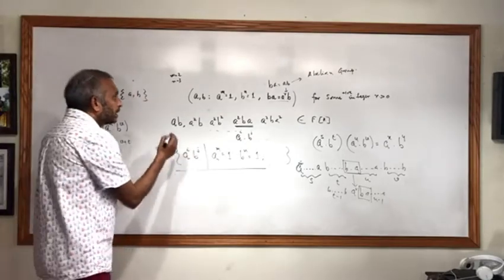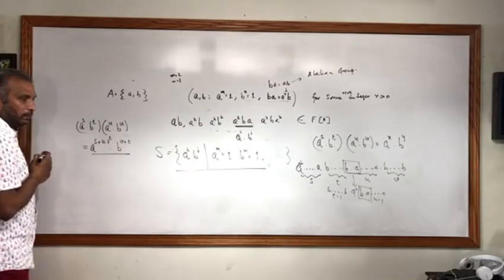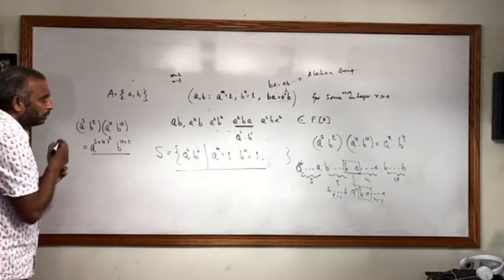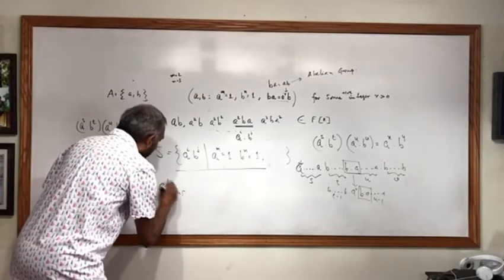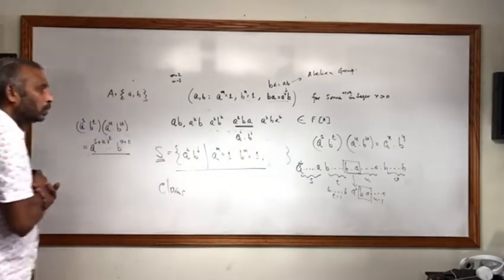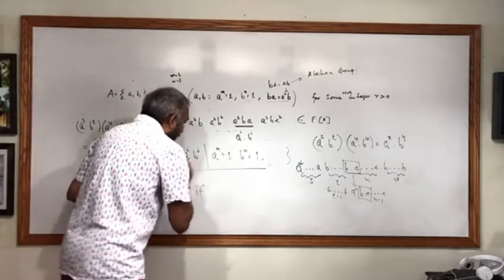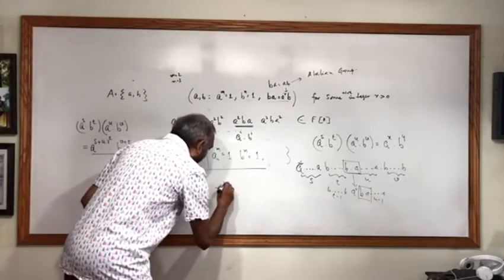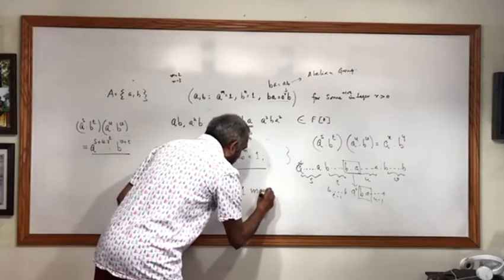So that is the idea behind this binary operation, and our claim is this will become a group if r^n is congruent to 1 mod m.